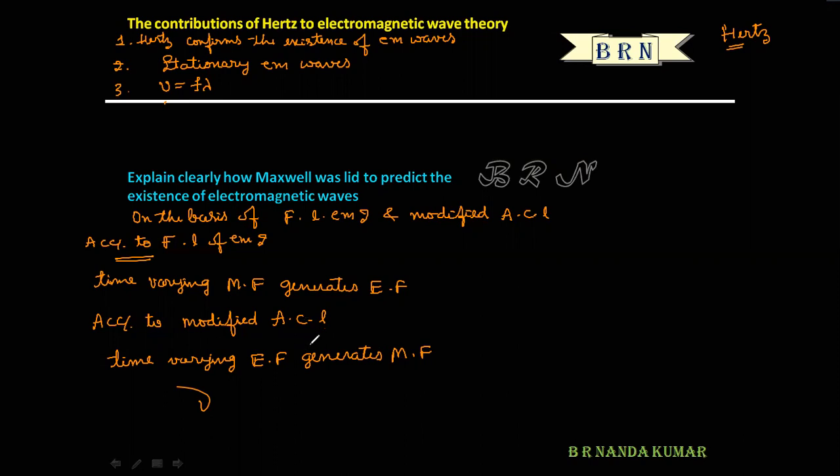So this clearly shows that electricity and magnetism are almost symmetrical. The consequence of that symmetry is the existence of electromagnetic waves, right? So according to Maxwell, an accelerated charged particle produces electromagnetic waves. When an electric charge oscillates harmonically with frequency nu, it produces electromagnetic waves of the same frequency, right?